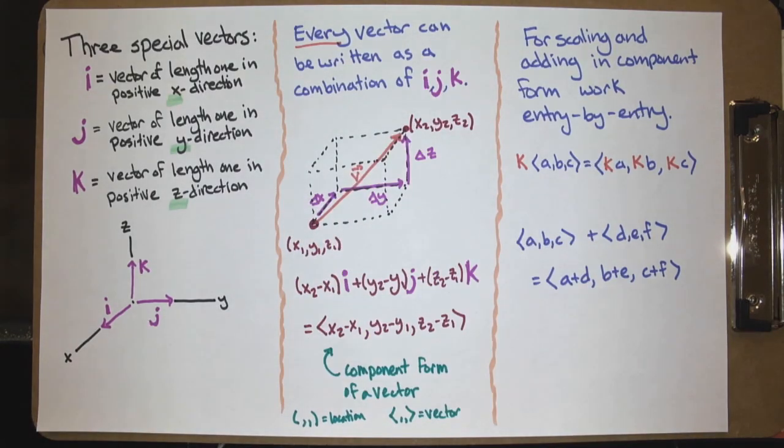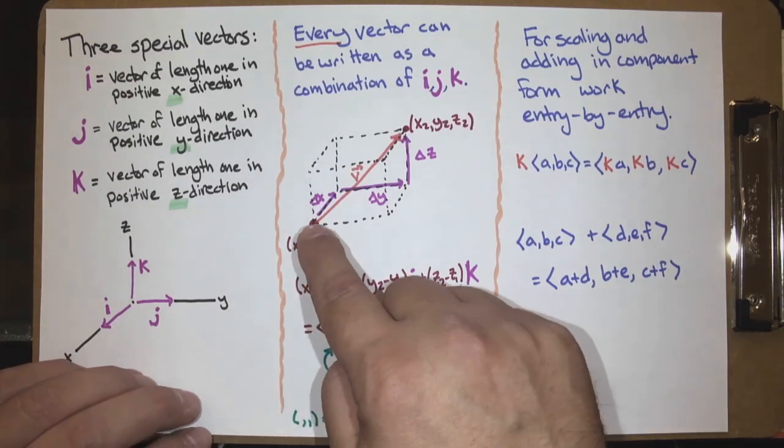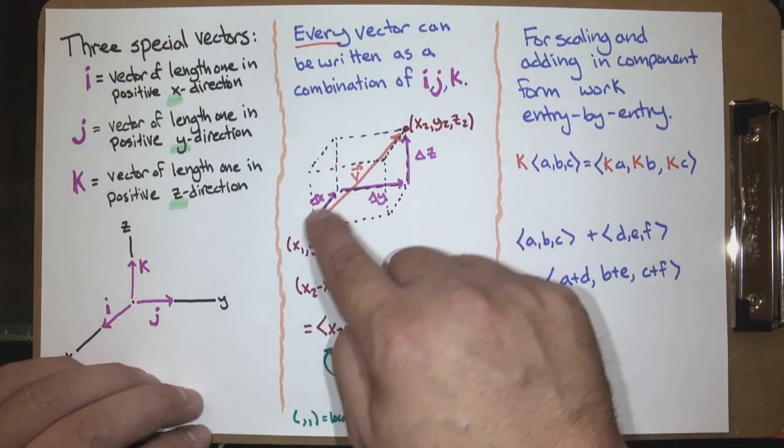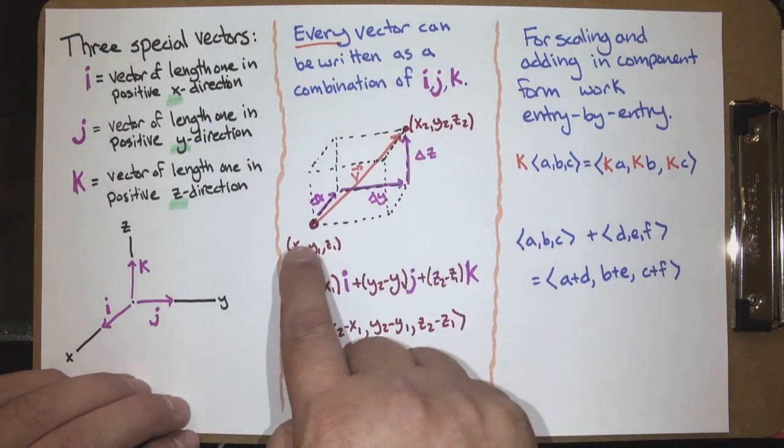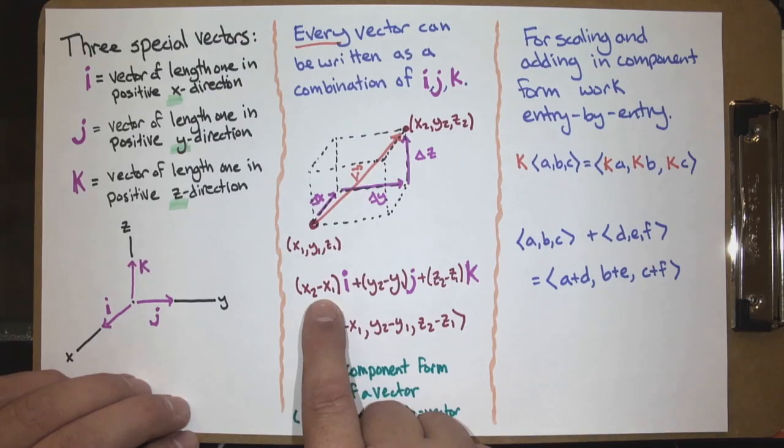Well, what's the advantage? What happens is now we can figure out this vector moves in the i direction, so it's parallel to i. It's some multiple of i. Well, how much is that multiple? And the answer is, well, look at how much you changed in x. So it's x2 minus x1 times i.